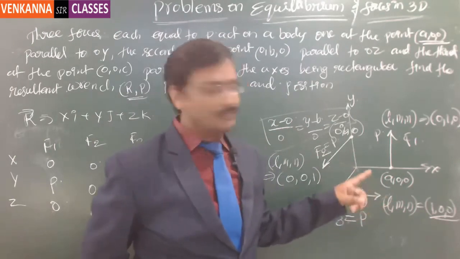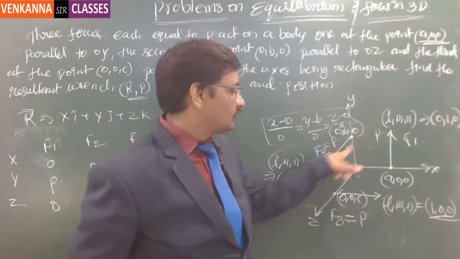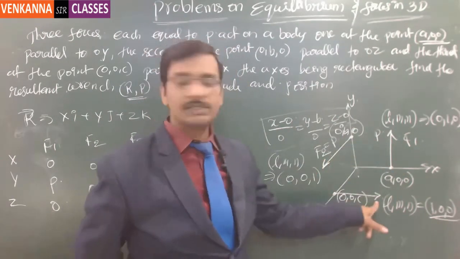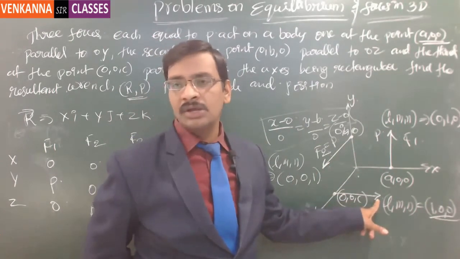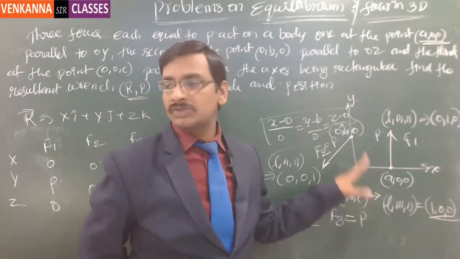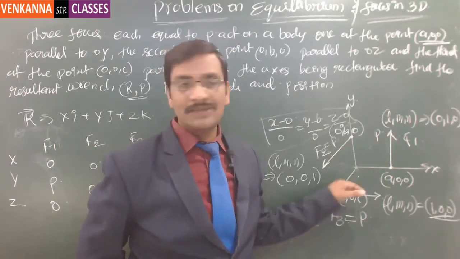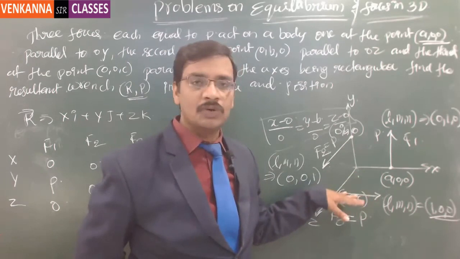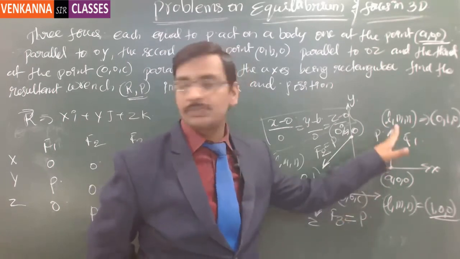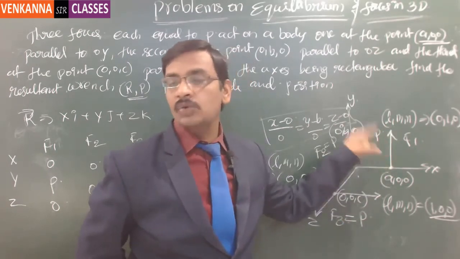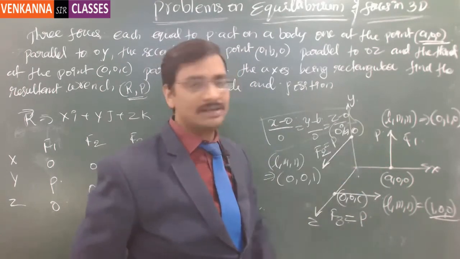This force is parallel to the y-axis, this force is parallel to the z-axis, and this force is parallel to the x-axis. That means each force is independent, with no contribution to the other forces. If there were some contribution in this direction, then the value would have changed. But here that is not the case.